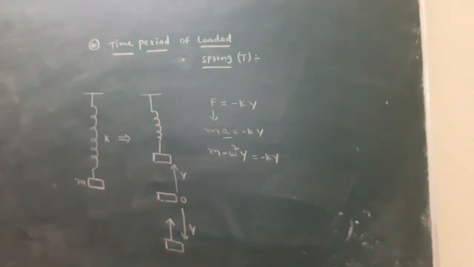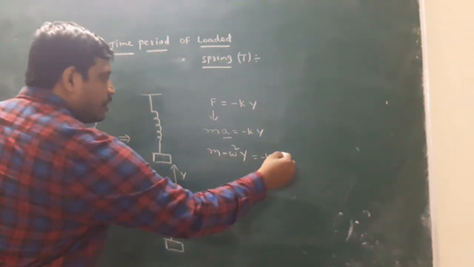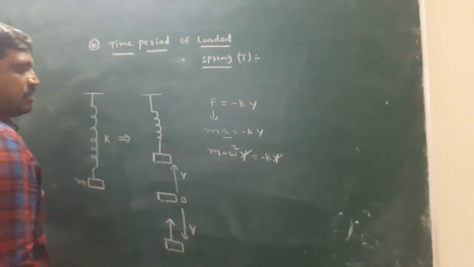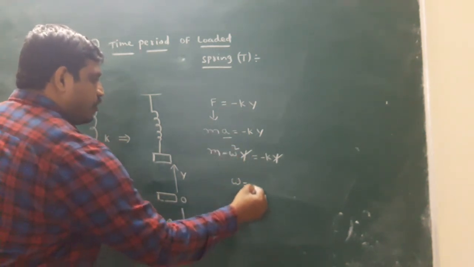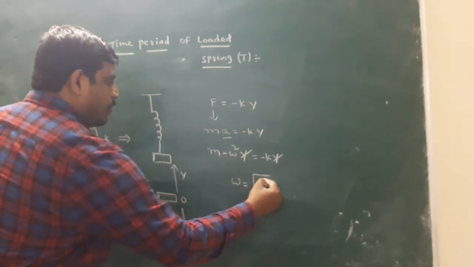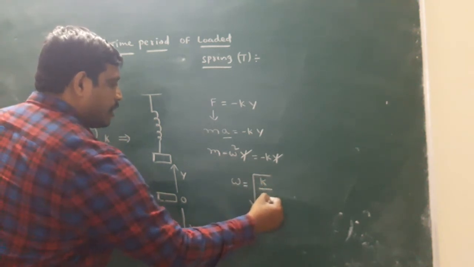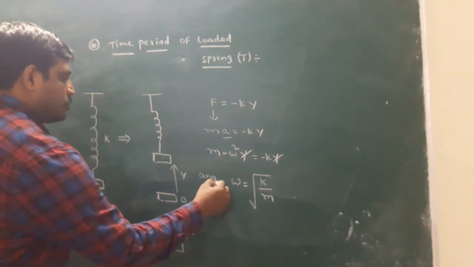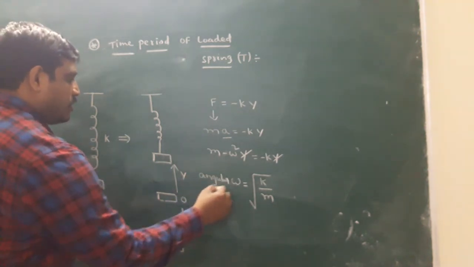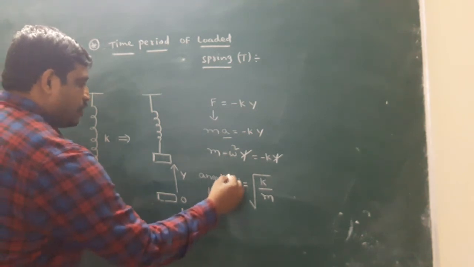Please look at this. Here y cancels, minus minus also cancels. Finally, omega square is K by M. Here omega is the angular frequency.